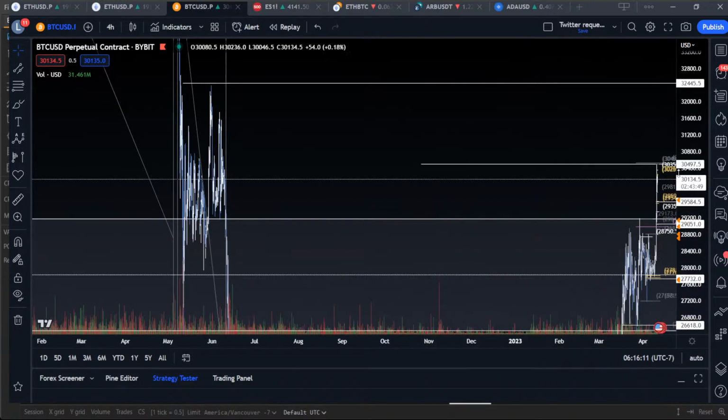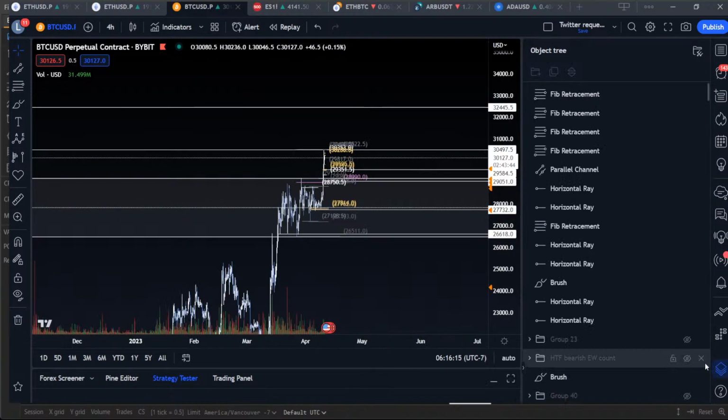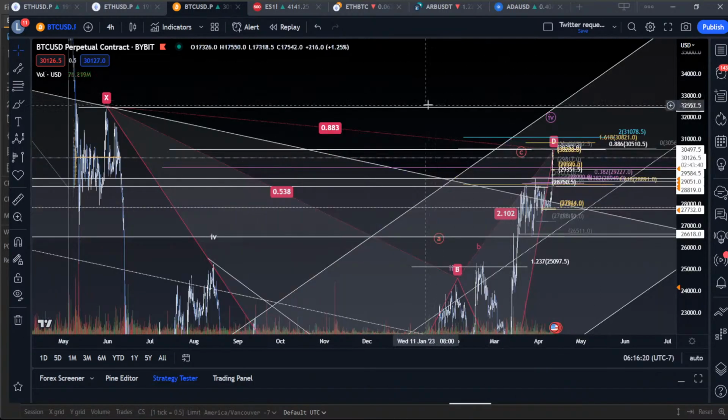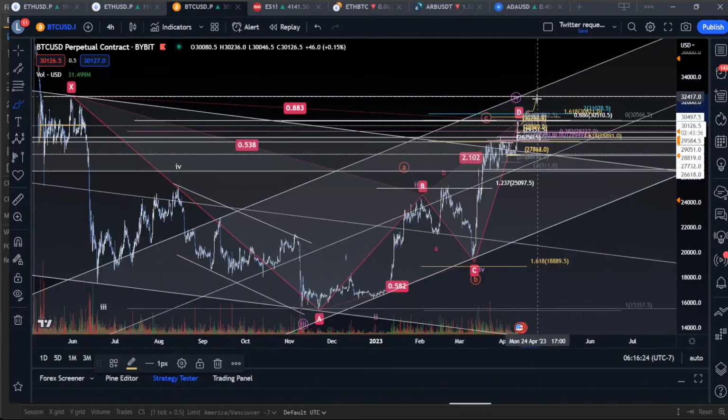But to answer your question in the way that I know you're asking it, I would say that there are plenty of ideas here where we could have a bearish rejection from this area. From a structural perspective, anything in here is kind of interesting for a rejection, even from where we're at.